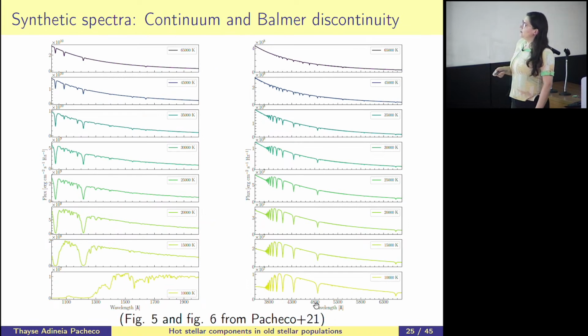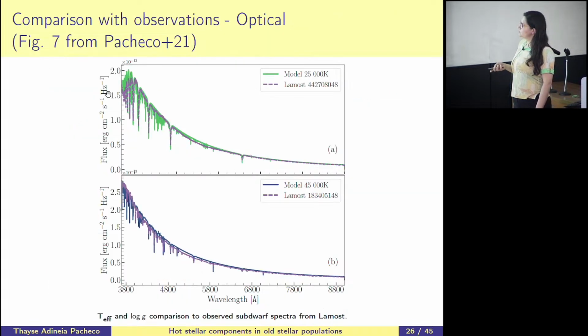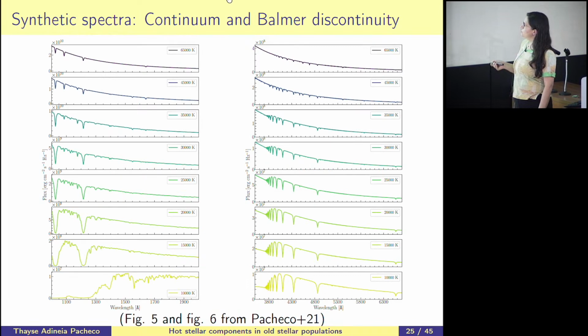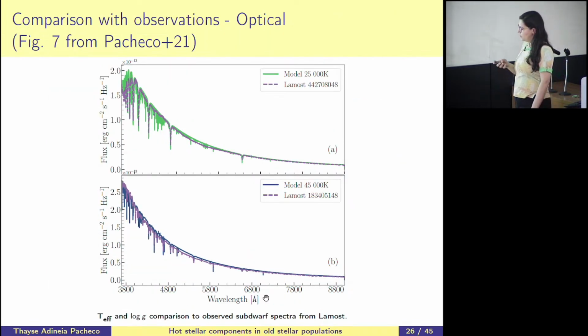These are a few examples of our synthetic spectra in continuum, showing the Balmer discontinuity. Here we are showing a comparison with observations in the optical region.